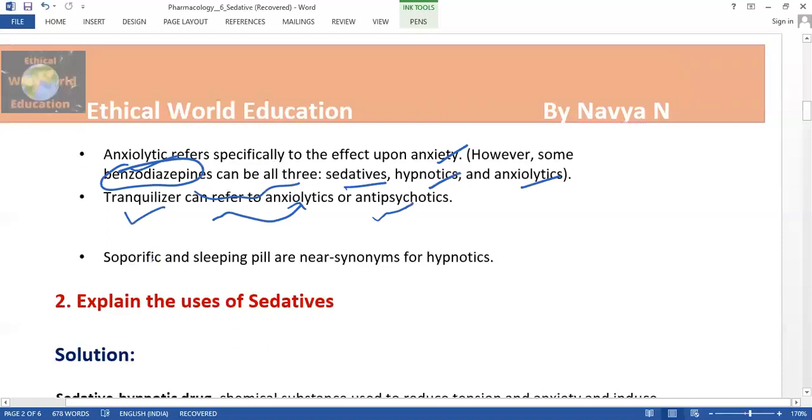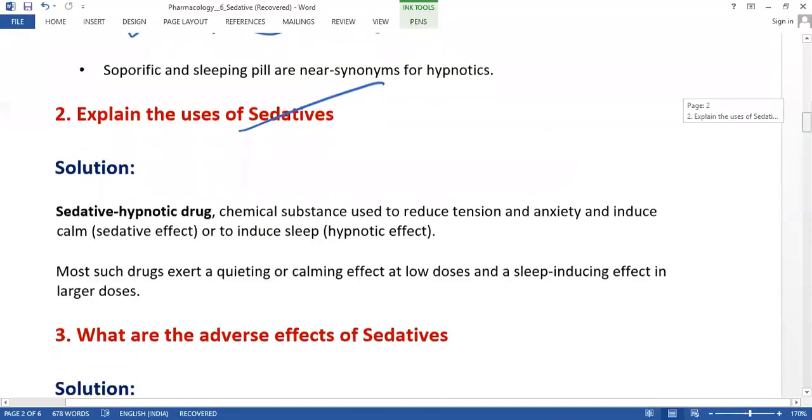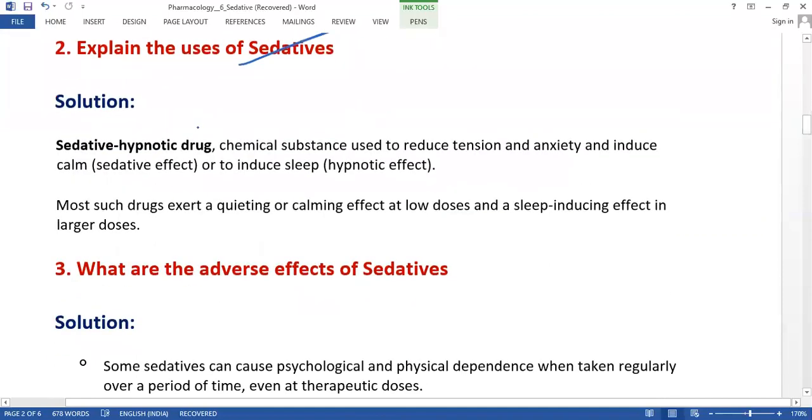Now let us know the uses of these sedatives. As I already said, these two classes of drugs are used to induce sleepiness and unconsciousness. They are used to reduce tension and anxiety by inducing calm or sleep.